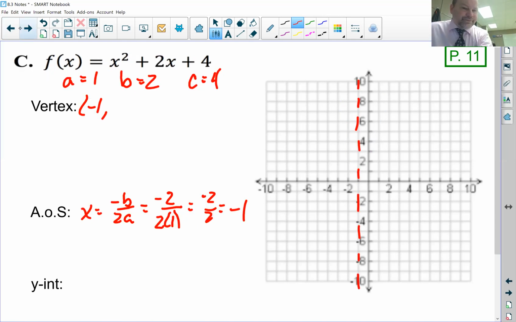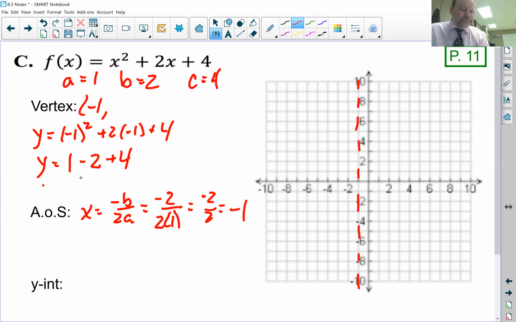My vertex then, if I plug -1 in for x: -1 squared is 1. 2 times -1 is -2. And then we have +4. 1 minus 2 is -1. -1 plus 4 is +3. So there's my vertex.